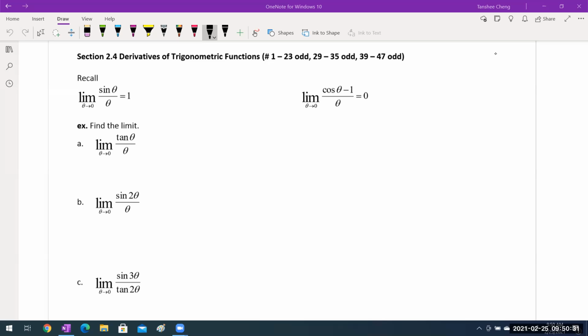The key thing that we're going to use is something that we already showed from the previous session, which is the limit as theta approaches 0 of sine theta over theta is equal to 1, and the limit as theta approaches 0 of cosine theta minus 1 over theta is equal to 0. So we're going to use those two to evaluate many of the limits of the trigonometric functions.